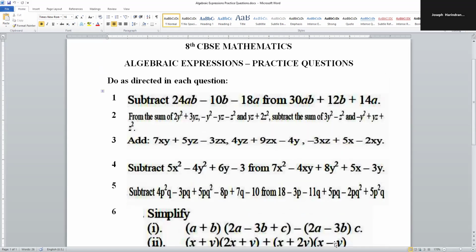There are 10 questions here. Let us note down the first question: 24AB minus 10B minus 18A from 30AB plus 12B plus 14A.